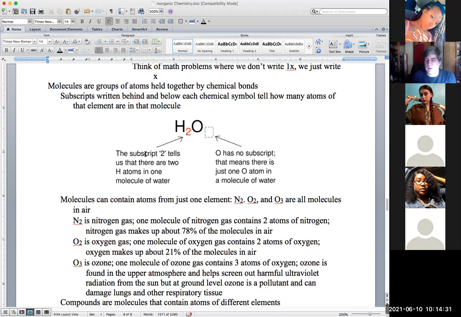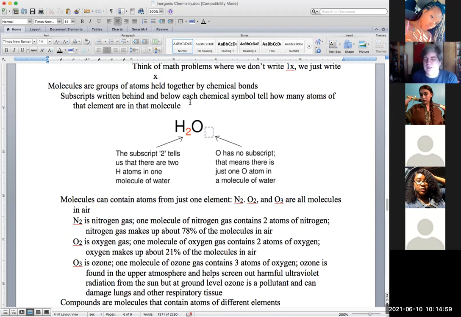Those are pretty rare. Usually what we see is groups of atoms that are connected to each other through something called chemical bonds. And we'll talk more about chemical bonds later. But one example of a molecule that probably everyone has heard of is H2O, which is water.